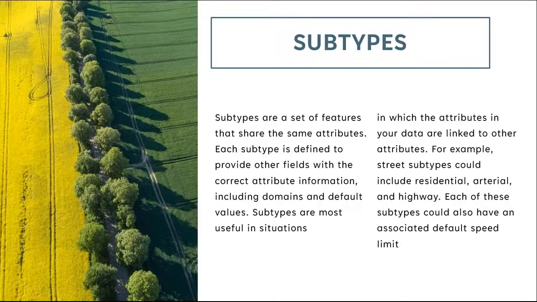So basically, subtypes are more like a categorization. You try to categorize it such that, okay, for roads we now have major road, minor road, highway, arterial, residential, and all that. Now on the streets subtypes we have residential, arterial, and highway.